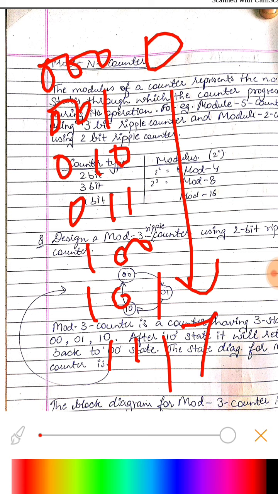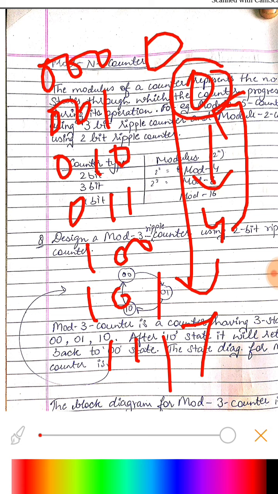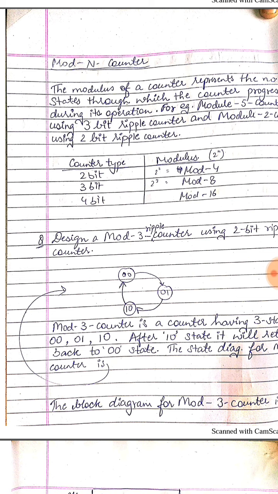Now if I want to count only from 0 to 4, and then it would need to come back to 0, how would I implement these counters? Because I have 8 combinations of input possible, that is 0 to 7, but I want to count from 0 to 4 only, and after that the circuit will reset and reach the initial count, that is 0. So how would I implement this sort of counter? This we do using modulo n counter.